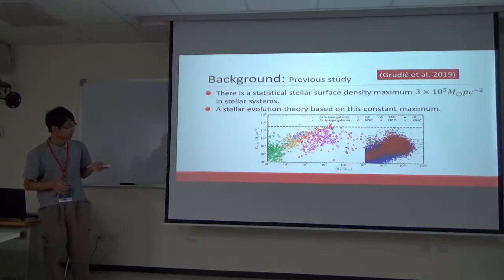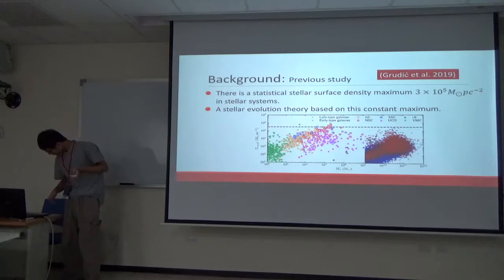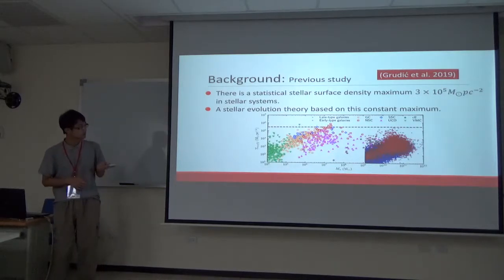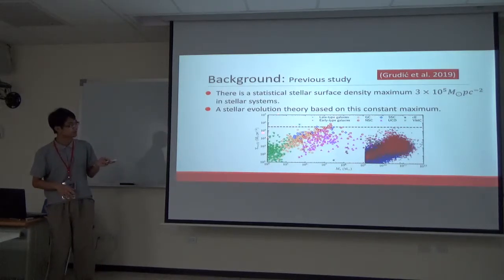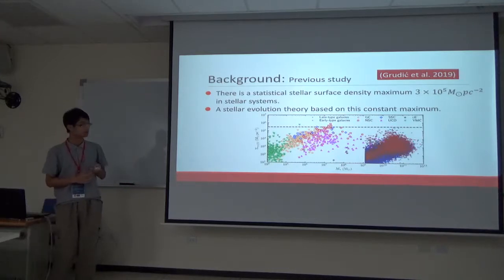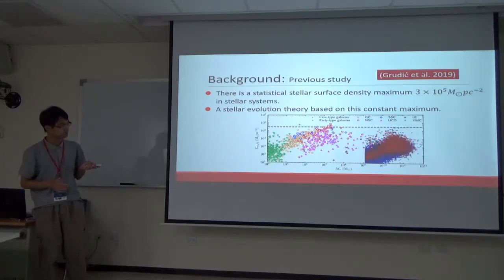They propose this dashed line, a statistical stellar surface density. This line has a mass limit of about 3 times 10 to the 5 solar masses. Based on this line, they built a stellar evolution theory to explain why this line exists.